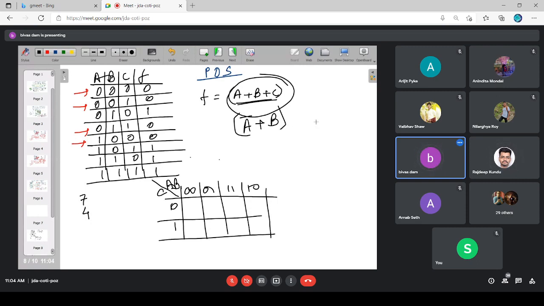One is 1 0 0, the second one is 1 0 1. So these are the 2 input combinations for which the output will be logic 0. So for how many cells will the output be 1? 2 to the power n minus 2.